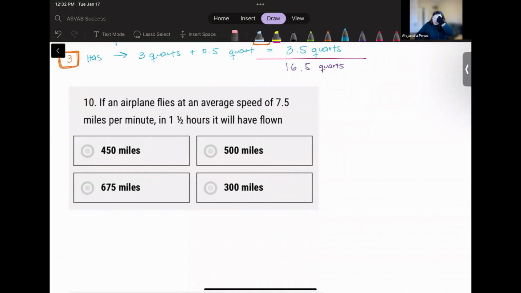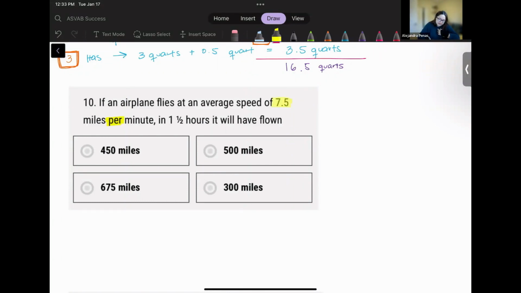If an airplane flies at an average speed of 7.5 miles per minute, that's really slow, and in 1.5 hours, it will have flown. Okay. What kind of problem do you think we have here? I want you guys to tell me what problem they're trying to situate here. A rate. Yes, there's a rate, and that giant keyword should jump out at you.